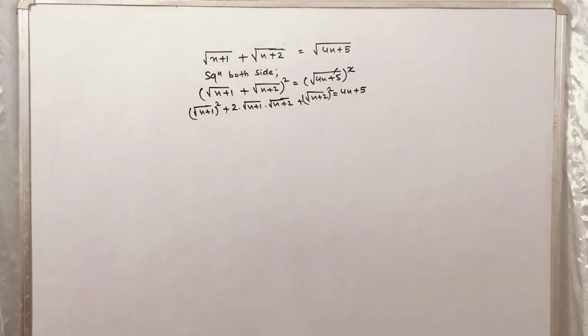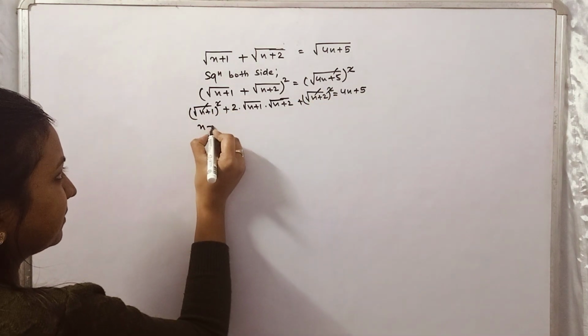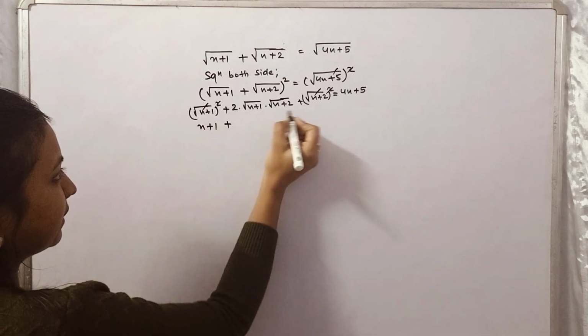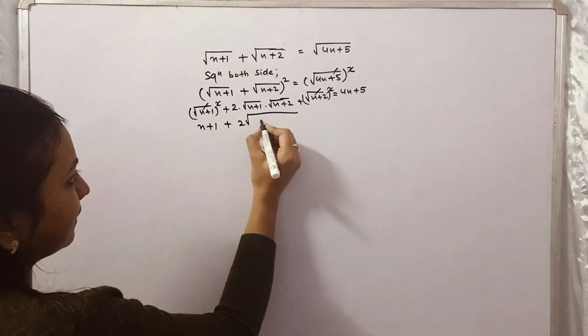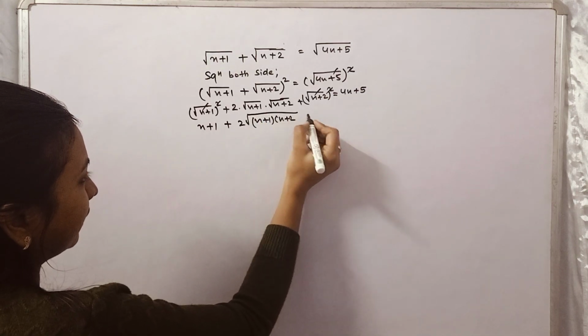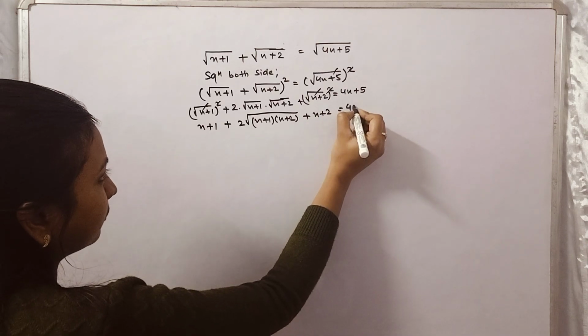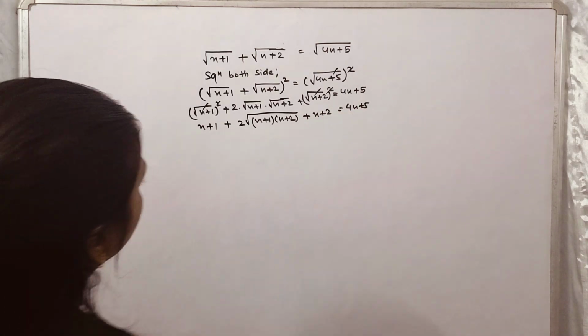Fine. Now see, here we can cancel this out easily. So this is x plus 1, plus, this we will keep as it is, x plus 1 and x plus 2. Fine. Now plus we have x plus 2 here, equal to 4x plus 5.